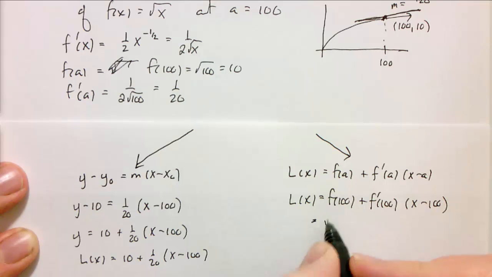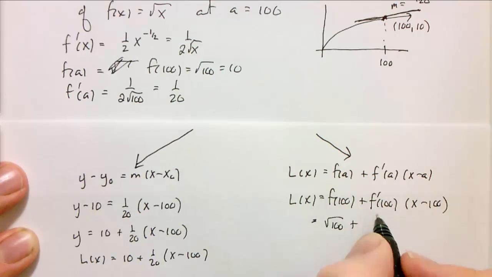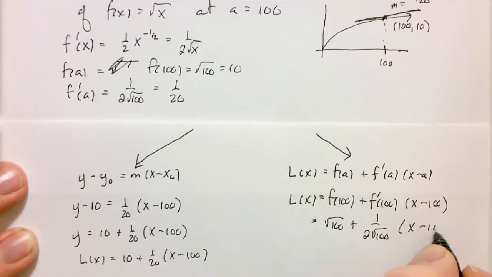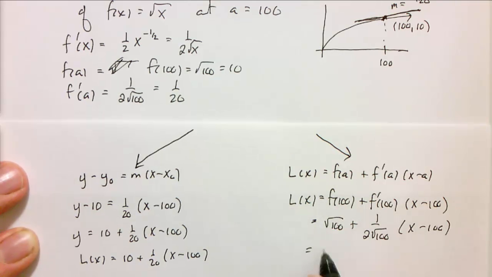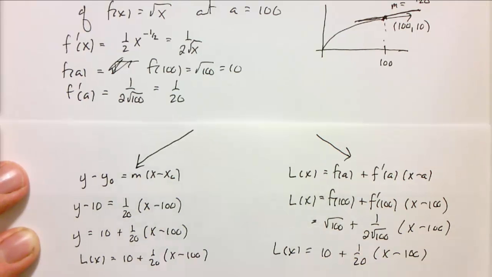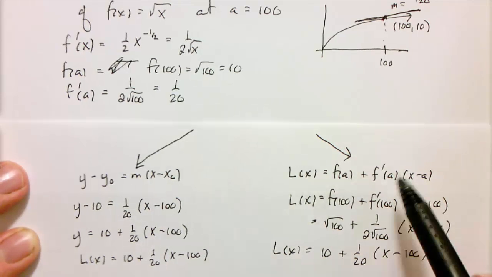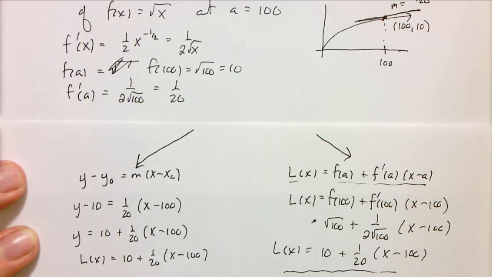Well, we know f of 100 is square root 100, plus the derivative 1 over 2 square root 100 times x minus 100. So we get 10 plus 1/20th times x minus 100. So old school way, find the equation of the tangent line. New way, use the template, plug things in, and get the same kind of equation for the tangent line. But now we call it linearization.